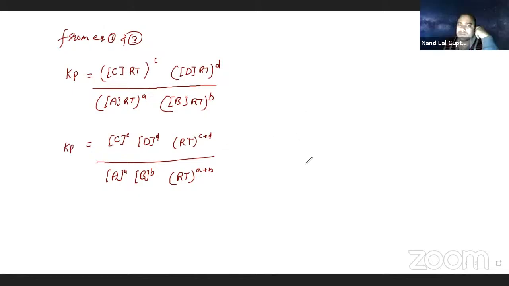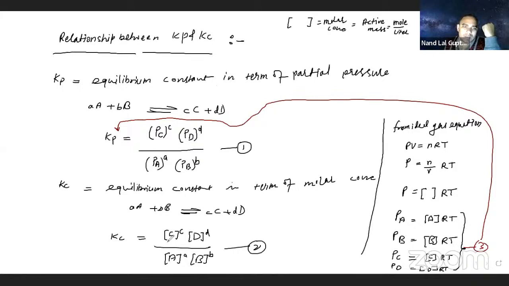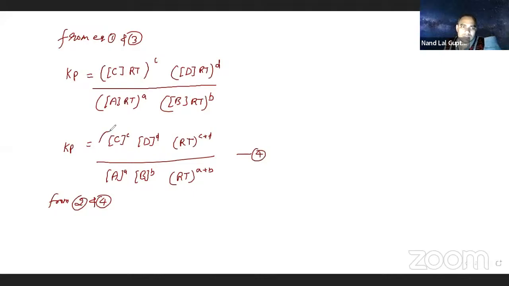What is the Kc value, Sanoy? You see the equation, suppose I consider this one as 4. So from 2 and 4: what is equation 2? Can you see? Equation: C power c, D power d, A power a, B power b. So here, if this value is also there, C power c, D power d, A power a, B power b.